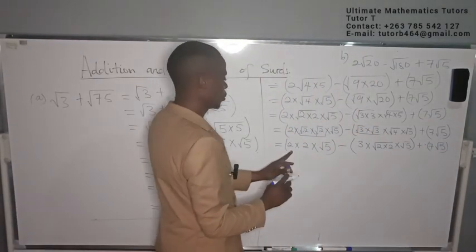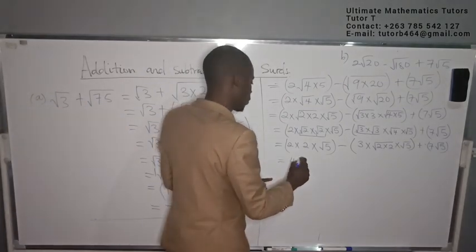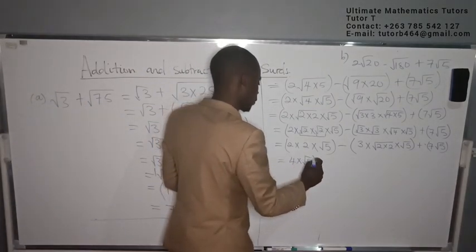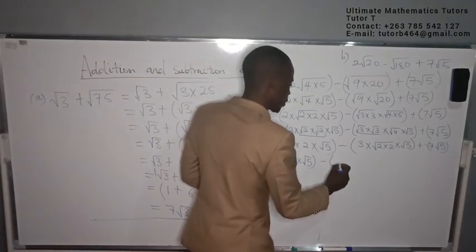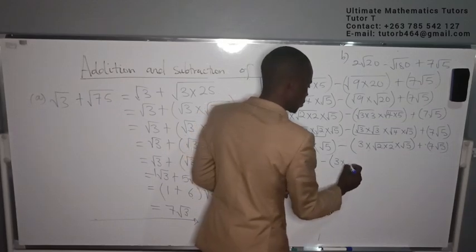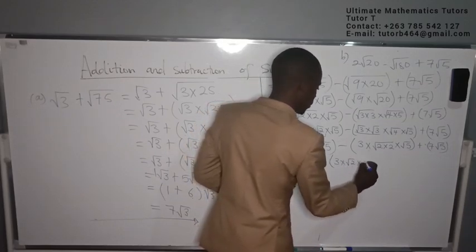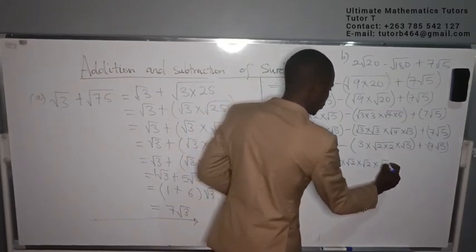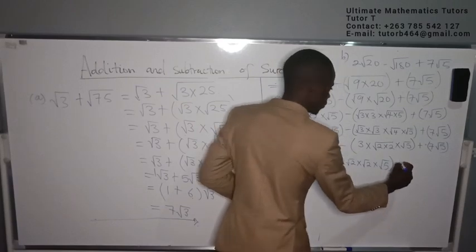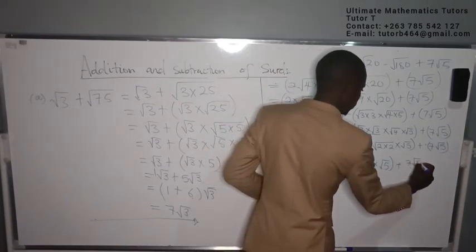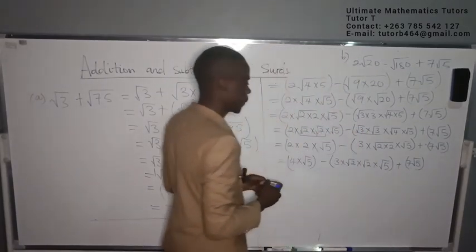Now 2 times 2 is 4 times root of 5 minus 3 times root of 2 times root of 2 times root of 5 plus 7 root of 5.